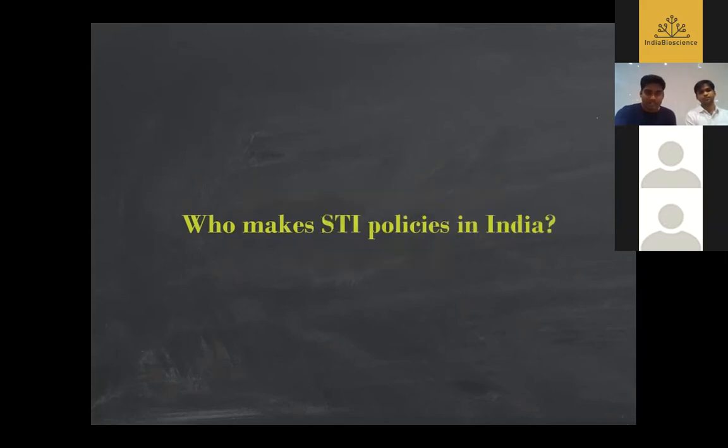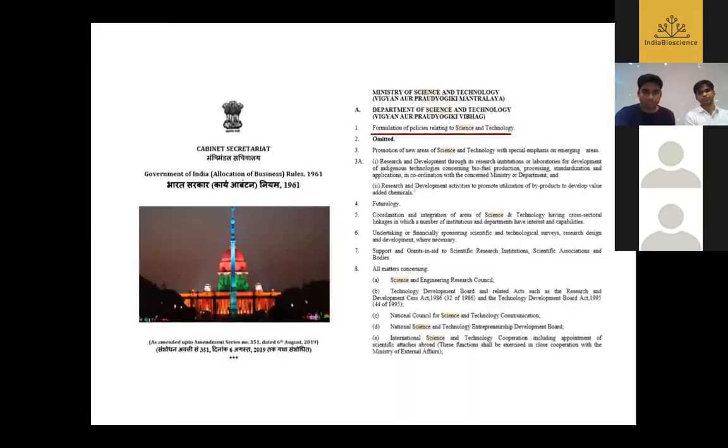So let us go a little deeper into who actually makes STI policies in India. I want to spend probably 30 seconds or more on this particular slide, because this is what gives a mandate to any government agency to initiate or execute a task, particularly related to the business of the government.